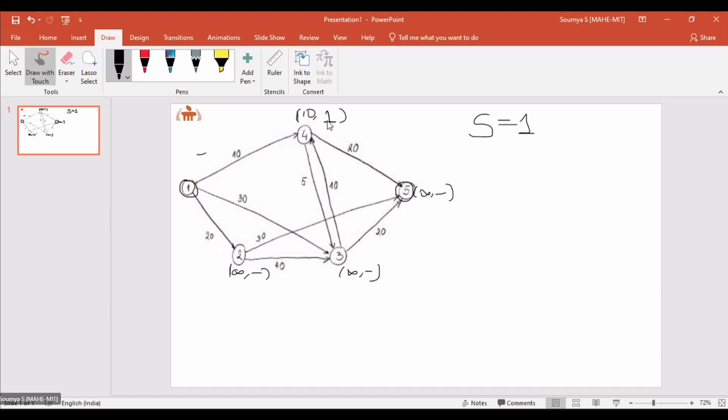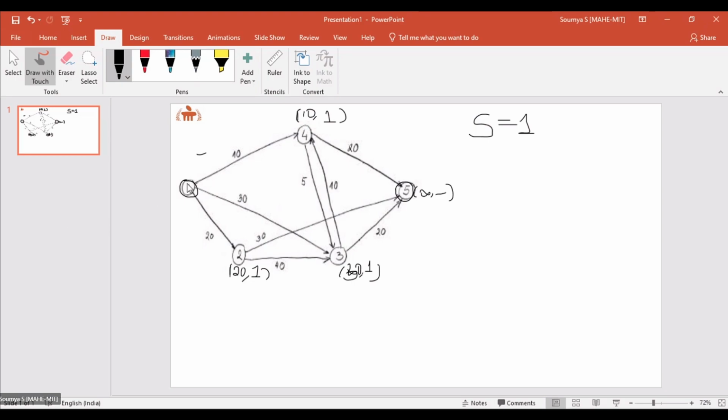I update this as 10 comma 1 and I also update this as 20 comma 1 and I also update this as 30 comma 1. What do you understand from this? I have only seen who my neighbors are and I have updated the distances of my neighbors.